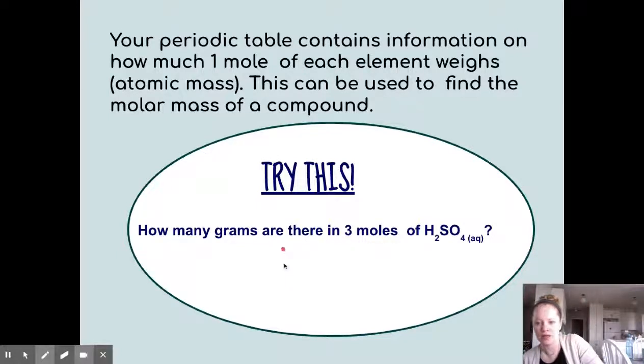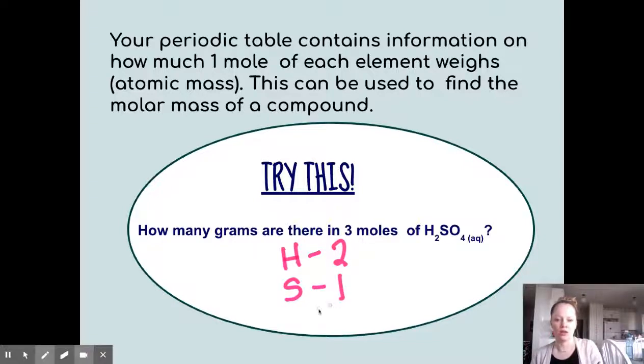So in sulfuric acid, I would notice that there is hydrogen. But believe it or not, there's actually 2 hydrogens. There is 1 sulfur, and there are 4 oxygens. Okay? So how many grams are there in there?